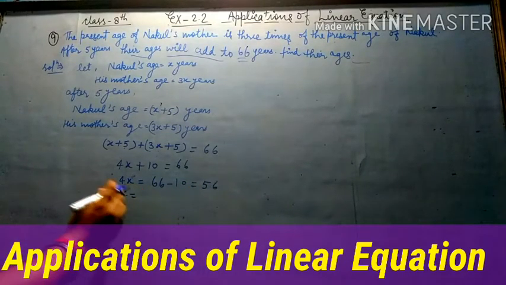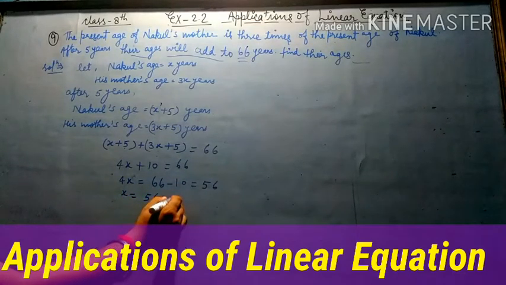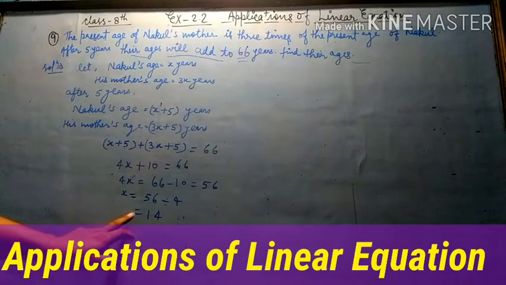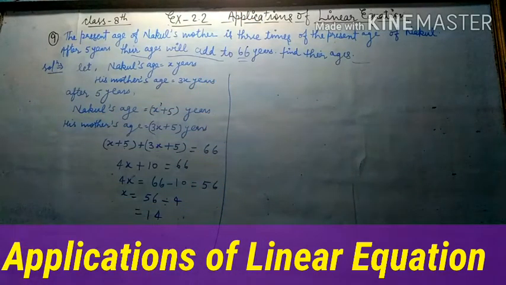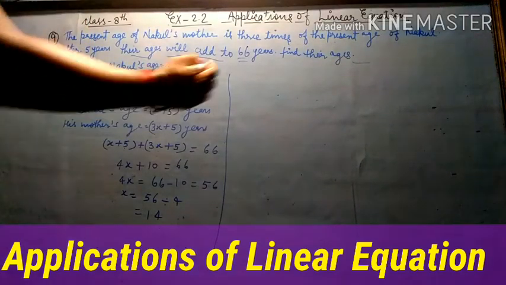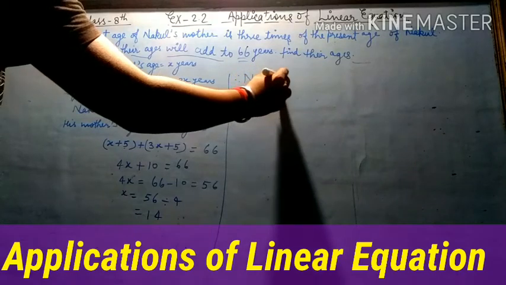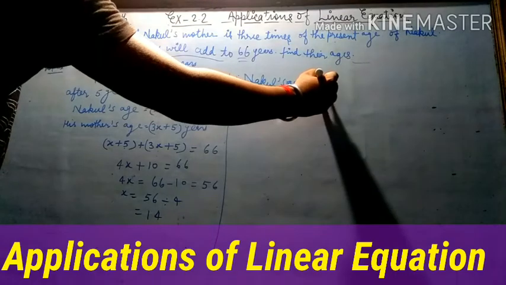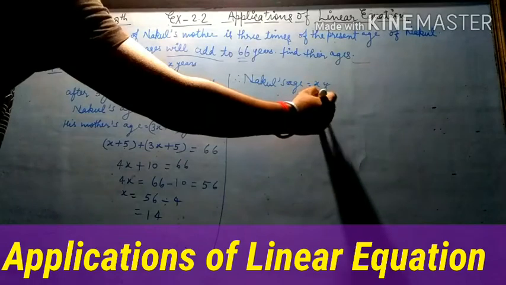Hence x is equal to, this 4 will go to the other side in dividing condition, and 4 1s are 4 and 4 4s are 16. The value of x will come to 14. Okay. Hence Nakul's age equals to x years, means x means 14.